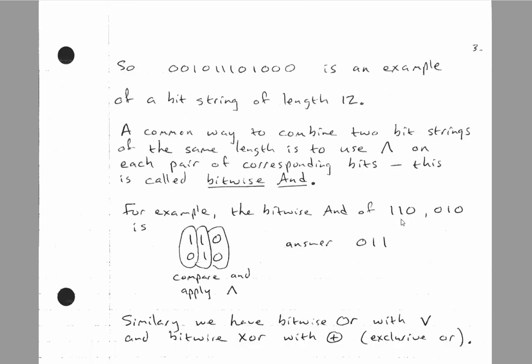For example here, taking these 2 bit strings of length 3. If we apply bitwise AND to these 2, here's the first one on top, the second one on the bottom. We're just comparing the first 2 bits. For AND, a 1 and a 0 gives a 0.